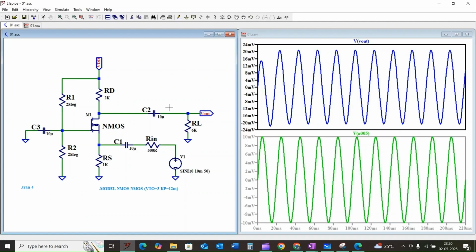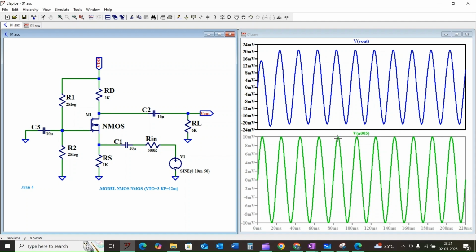Let us verify this with our simulator. The transient response shows our input and the output waveform. By measuring the peak to peak voltage, we can calculate the gain and compare it with our calculated value.